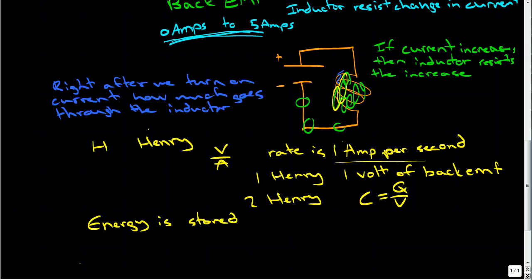And so the energy in joules is equal to L times I squared divided by 2. And L is also sort of our Henry. So if we have a 10 Henry inductor, then we'll have an inductance of 10 Henrys. So L is the inductance.